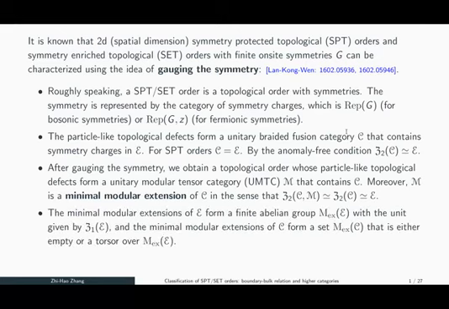And also we know the minimal modular extensions of E form a finite abelian group. The unit is given by the Drinfeld center of E. It is the trivial modular extension.